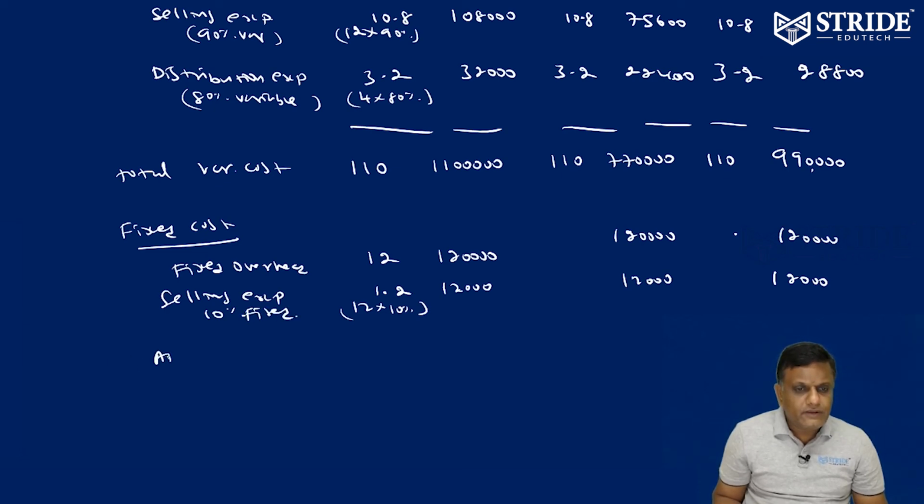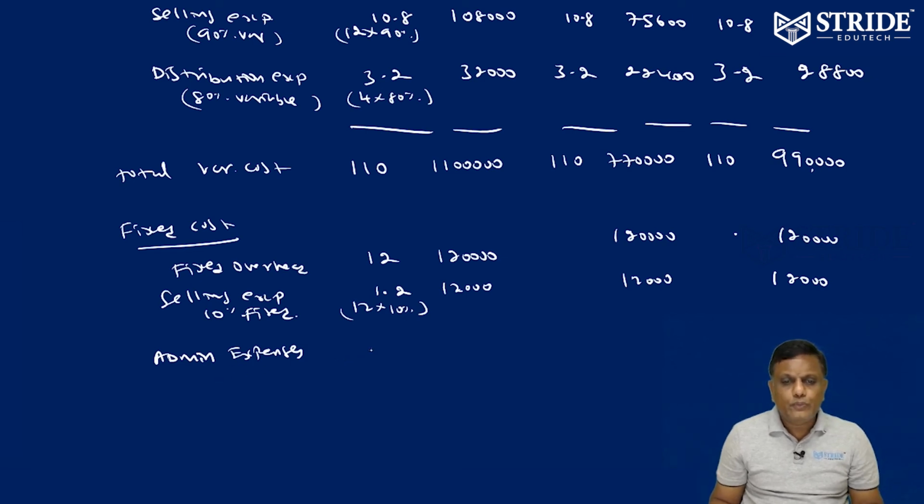Next, administration expenses. Admin expenses are purely fixed, 100% fixed, 4 rupees. So 10,000 into 4, 40,000. Total fixed cost remains the same. So 40,000, 40,000, 40,000 admin expenses.